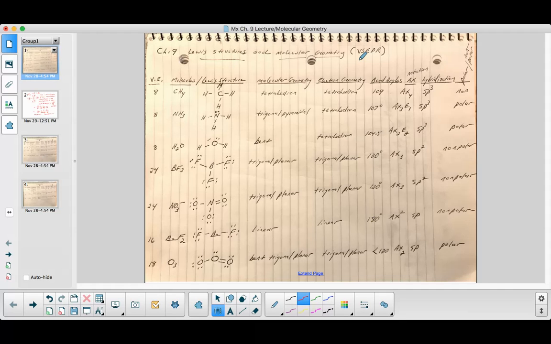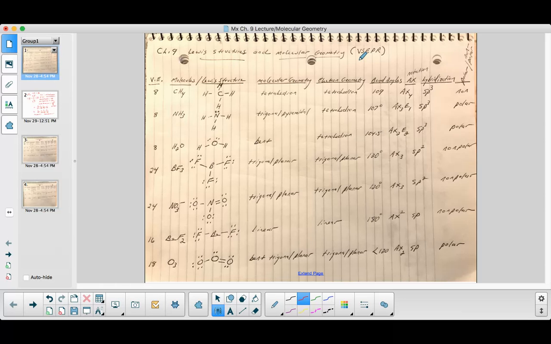And so this chart that you see here might look a little overwhelming, but I'm pointing it out to you first so that when you're preparing for the final exam or when you're taking the final exam, you have a copy of this chart close by, because it will help you to answer questions related to all of these different characteristics of Lewis structures and molecular geometry.